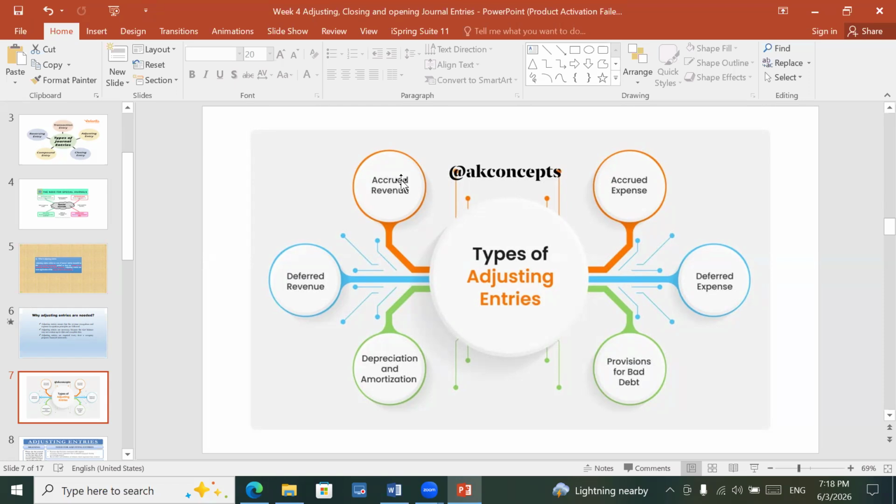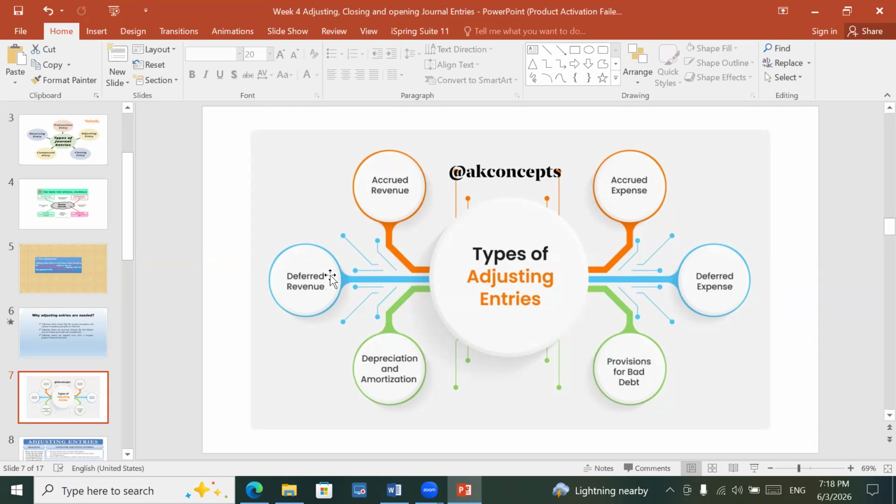This advance transaction is called deferred. And the other option is accrued. Accrued means cash payment in the future, or dealing with cash in the future. And deferred means cash is in advance. So accrued may be income or revenue, may be expense, and deferred may be expense and income.